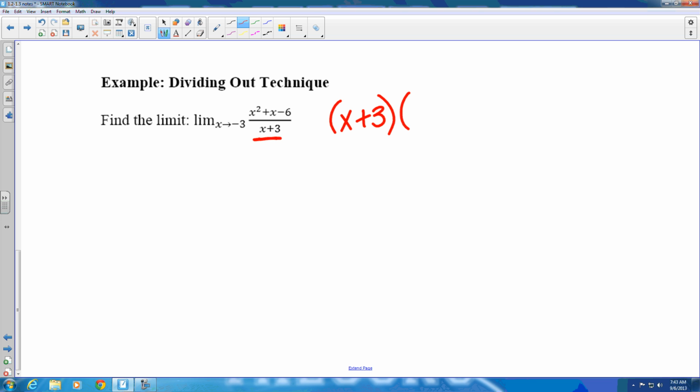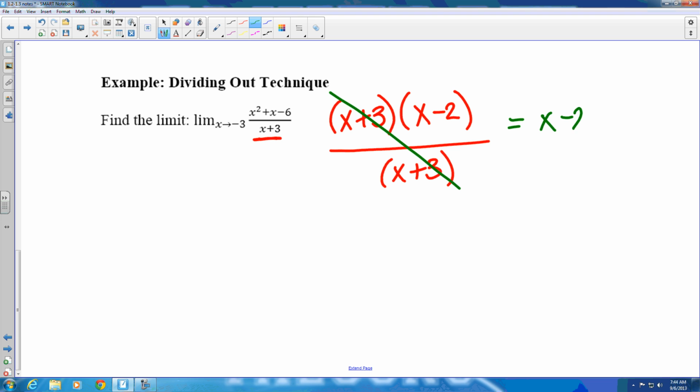And since we're trying to get to a -6, we know that our second pair is going to be a negative. Now we can cancel the x plus 3's, and we're left with x minus 2. And when you put in -3 into x, you get -3 minus 2, which is -5. Okay, not bad.